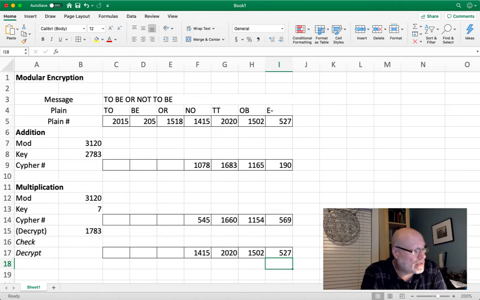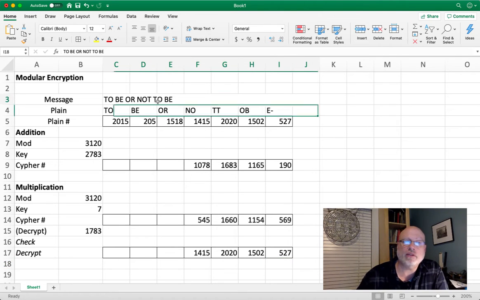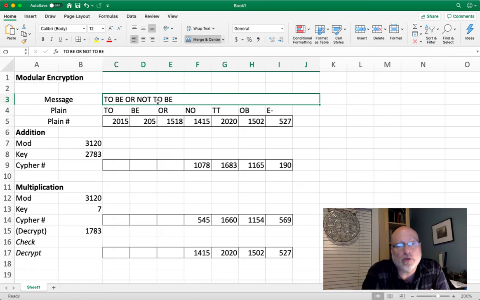So I'm going to walk you through this particular example. I picked a message, a little known phrase that you may or may not have heard of: to be or not to be, that is the question. Sorry. Anyway, what I'm going to do is turn this into two-letter blocks, because that makes it a little bit easier to work with the individual numbers.